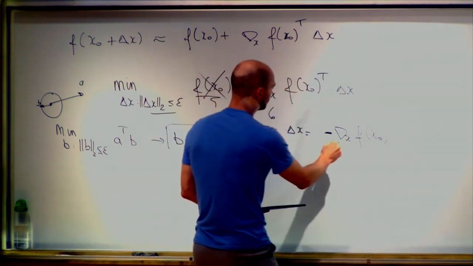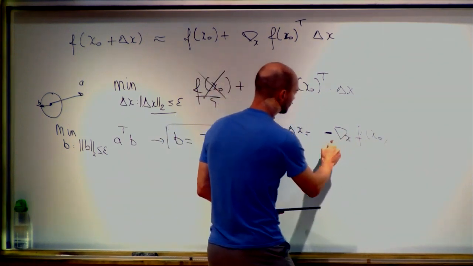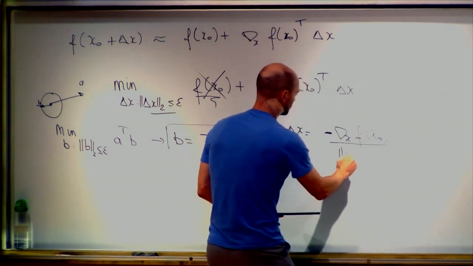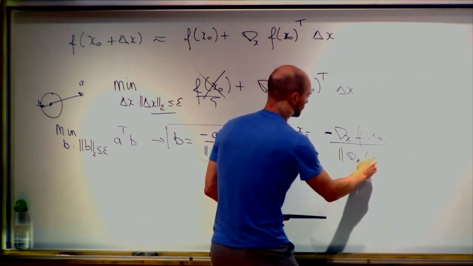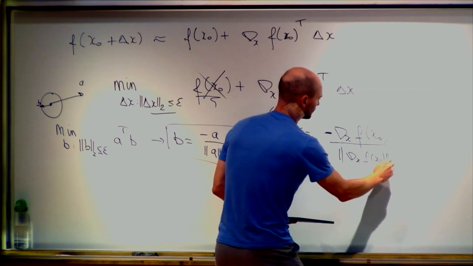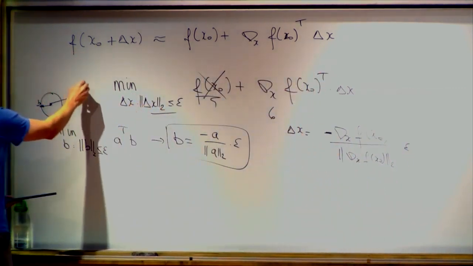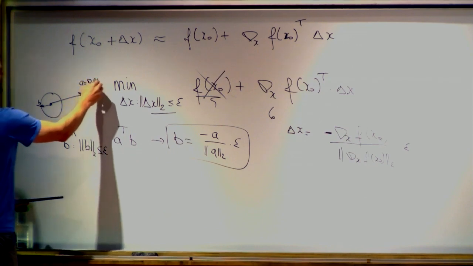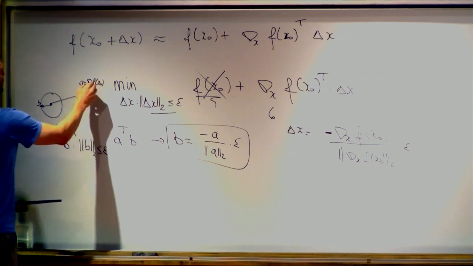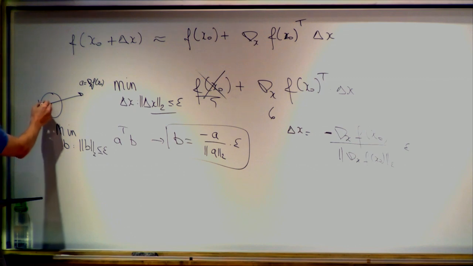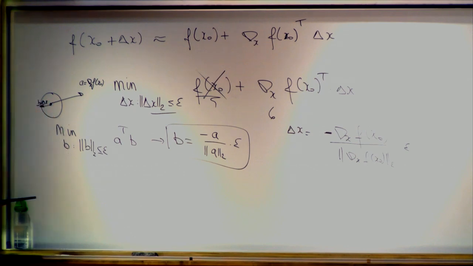Then we need to normalize it, and times epsilon to be staying within this circle. The a here is really the gradient of f at x0, and our delta x will be this thing over here. So that's the steepest descent direction.